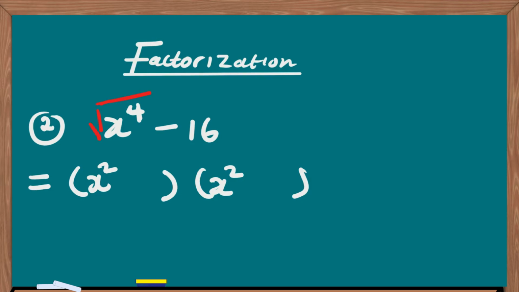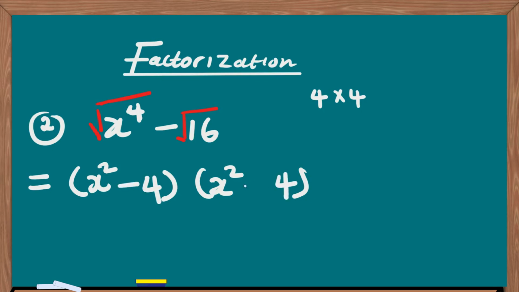Now 16: what number multiplied by itself gives 16? It's 4, since 4 times 4 gives 16. So write 4 here, and 4 here.